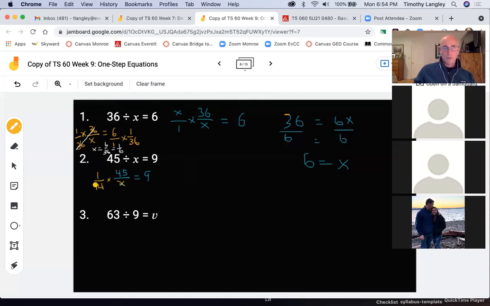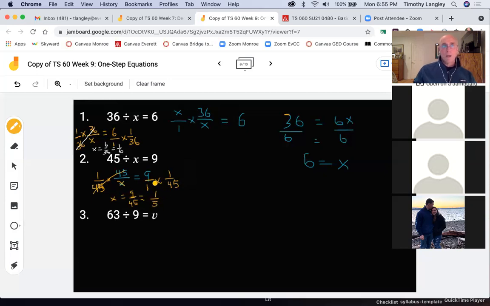So I do the same thing to this side, times 1 over 45. Why did I do that? Because the reciprocal of 45 is 1 over 45. That's going to cancel out these 45s. That gives me x equals 9 over 45. Remember from our multiplication of fractions, 1 times 9 is 9, 1 times 45. This reduces down: 9 goes into itself once and into 45 5 times. So 1/5 is my answer.